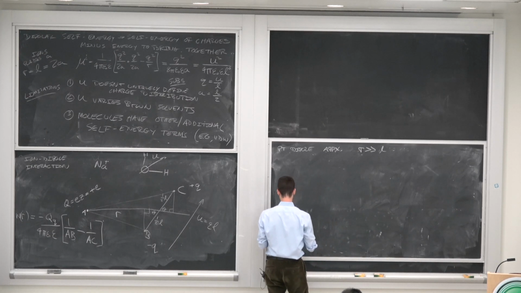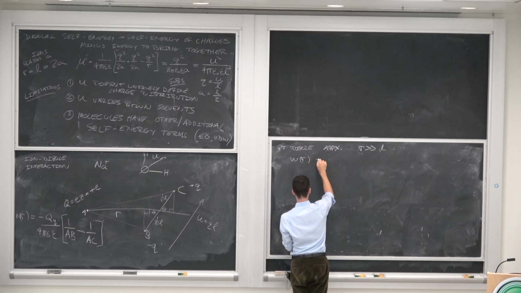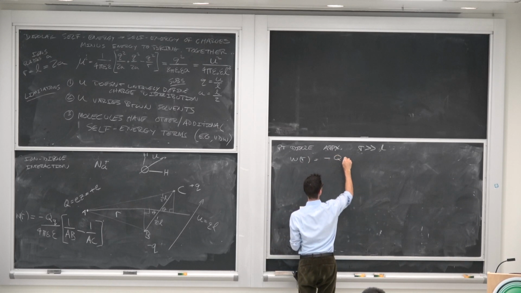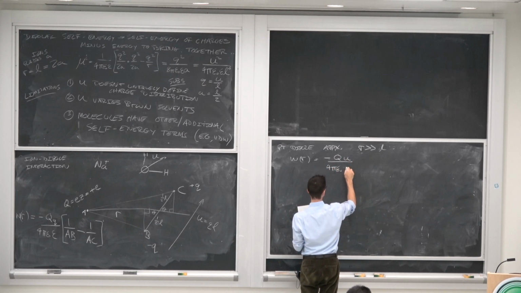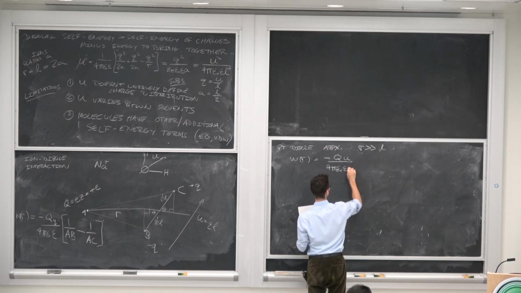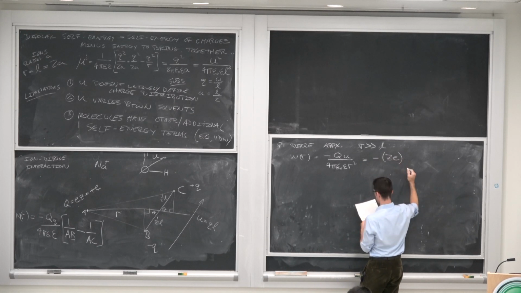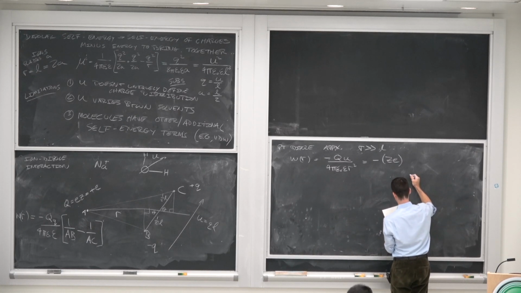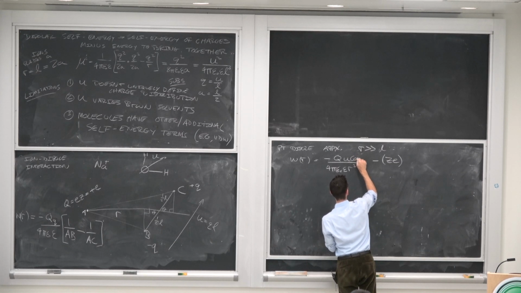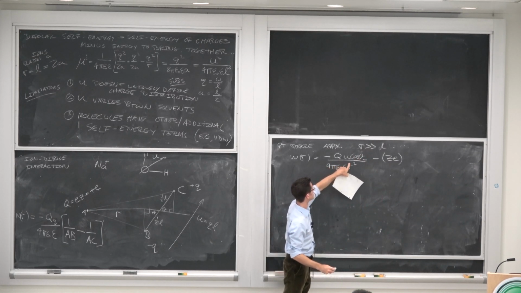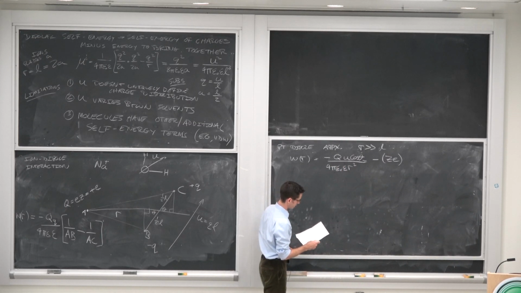So with the point dipole approximation, what this boils down to is W of R equals minus Q times U times cosine theta over 4 pi epsilon naught epsilon R squared.